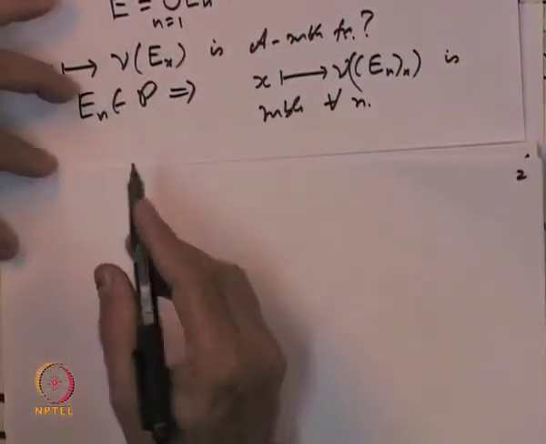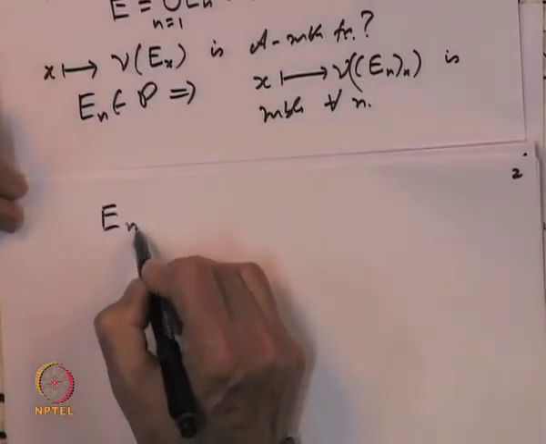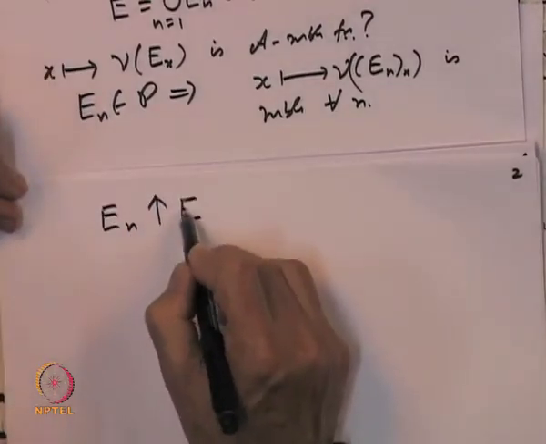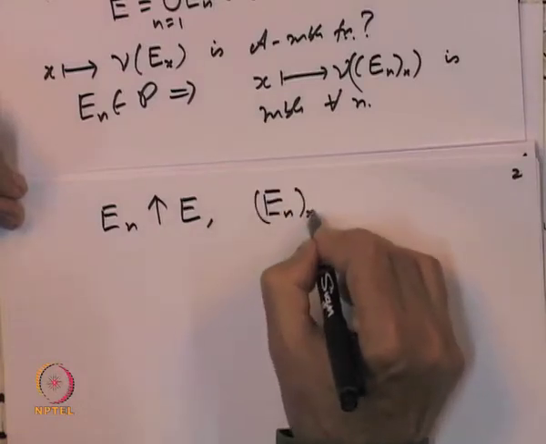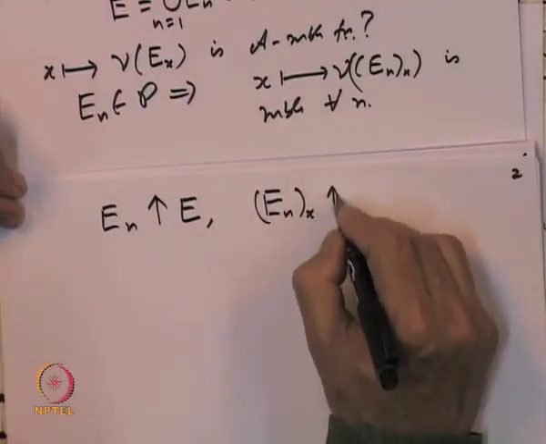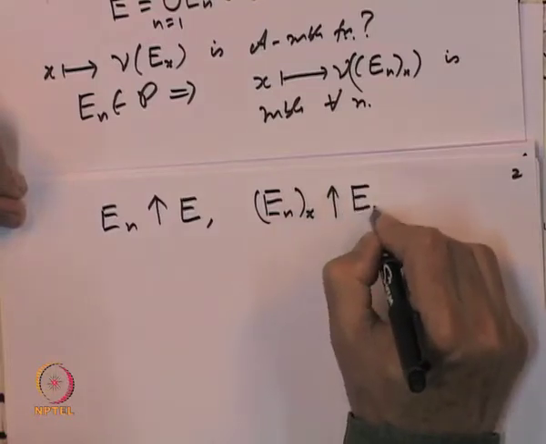But for that, let us observe that as E n is increasing to E, the sections E n x form an increasing sequence of sets increasing to E x.